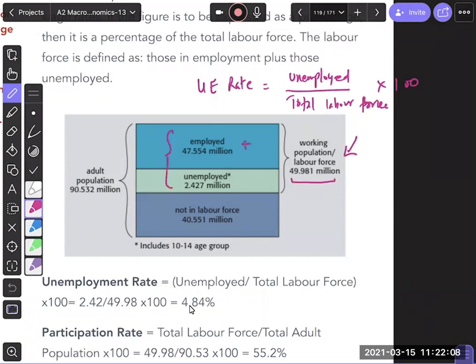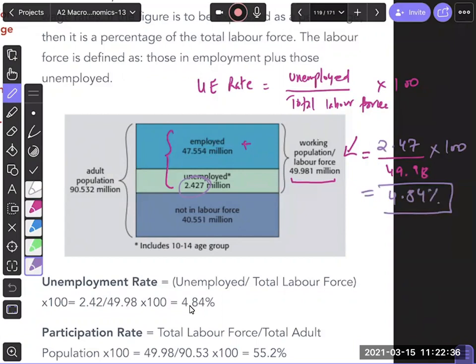You add these two together and you get your labor force, which is 47.55 plus 2.47, which is 49.98. The employed is 47.54, but unemployed is 2.47. So 2.47 over 49.98 times 100 means your unemployment rate is 4.84%.